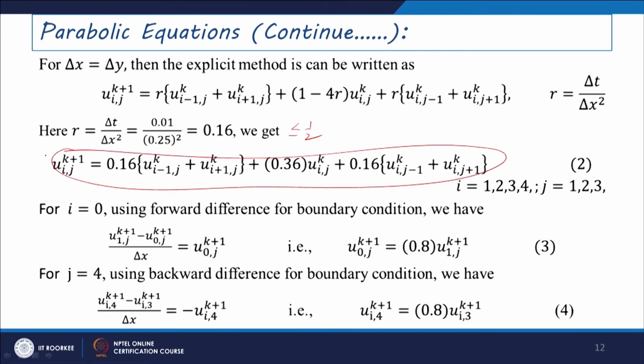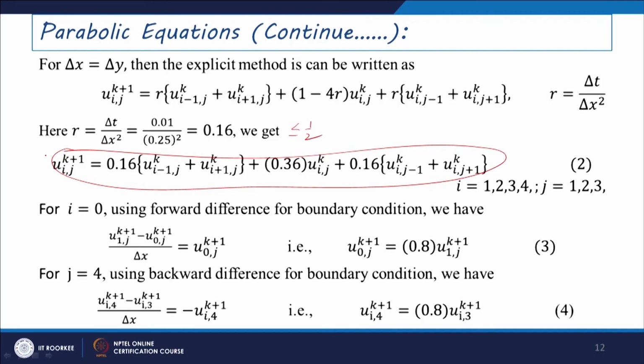And since the question is given like 2 steps we have to move here, so i is varying from 1, 2, 3, 4. Since one more boundary is required in the j direction also, j is varying from 1 to 3 here. So for i equals 0, if we use forward difference along the boundary, we will have u1j minus u0j at the k plus 1th level by del x.